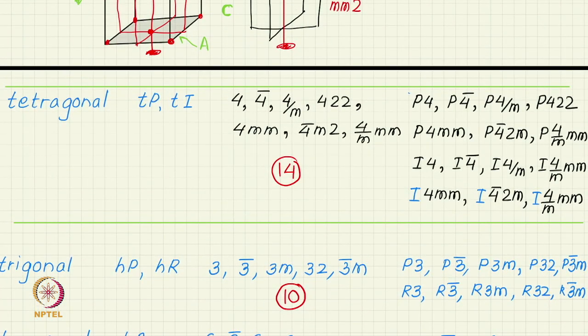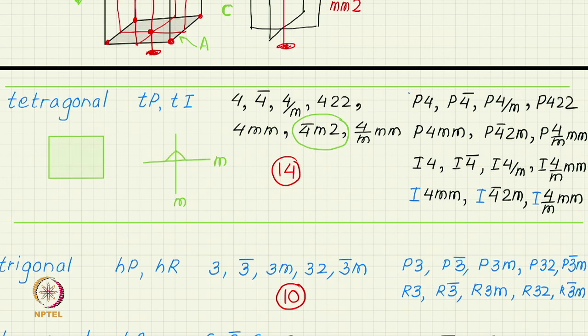In tetragonal, a similar situation comes with the point group 4 bar M2. So, in tetragonal, let me draw the square face of the tetragonal, and in the 4 bar M2 point group, there are mirror planes.